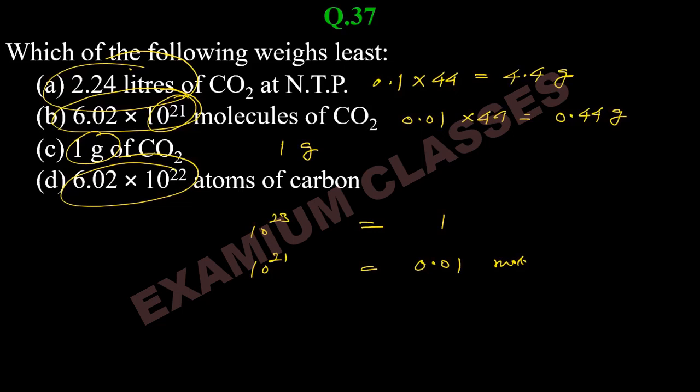These many atoms of carbon: again, 10 to power 23 would have been 1 mole, 10 to power 22 will be 0.1 mole. Again multiplied by 12, that will be 1.2. Out of these, if you see, this one is the least, 0.4.